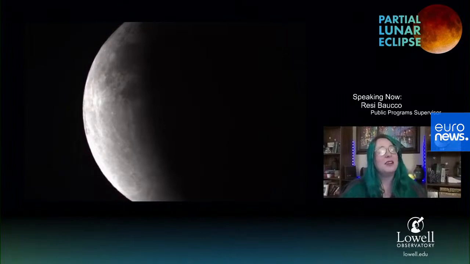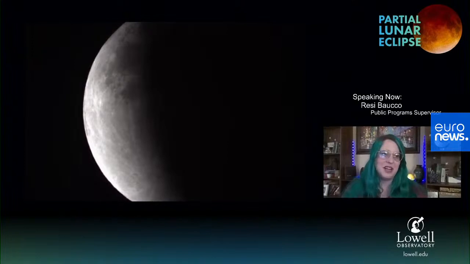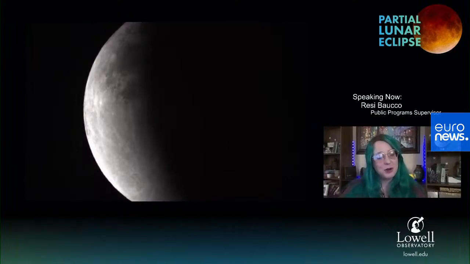But also the length the eclipse takes has to do with how far the moon is from the Earth at this time. The moon varies in distance. It can be a little bit closer or a little bit further. And the further it is, the slower it's going to move across the sky. It's pretty far out there right now, and since we have almost totality, it's really going to be going through that shadow for a long time.